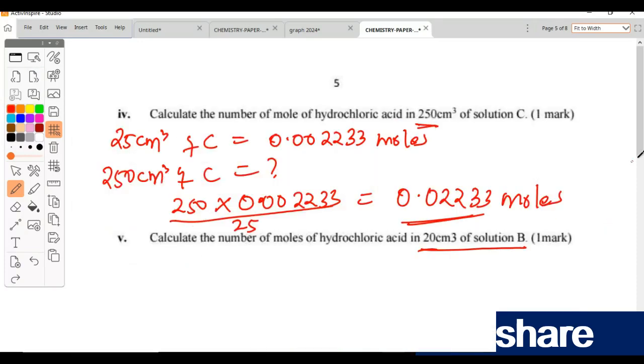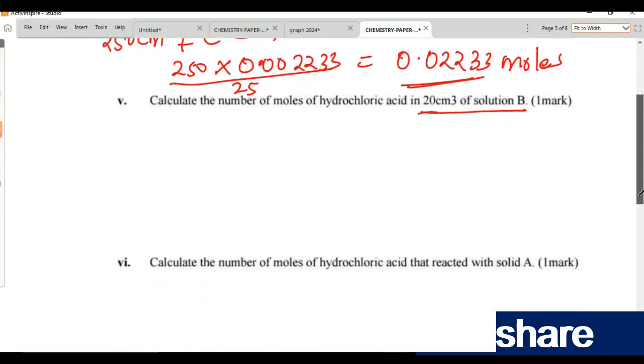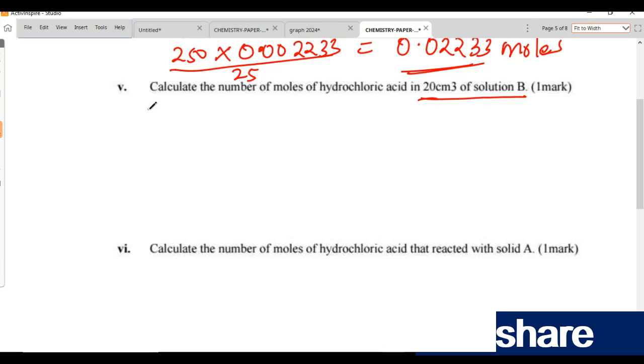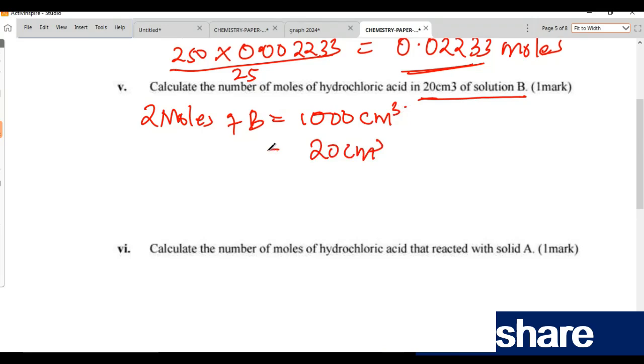So we ask here, two moles of B are in 1,000 centimeters cube. 20 centimeters cube will contain what?